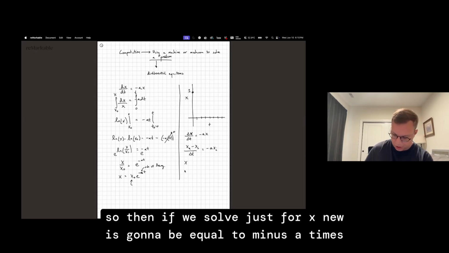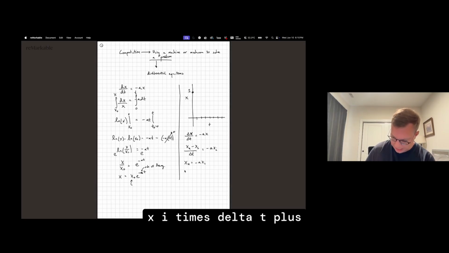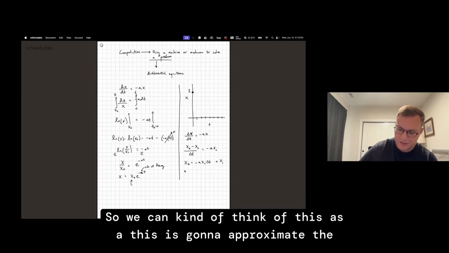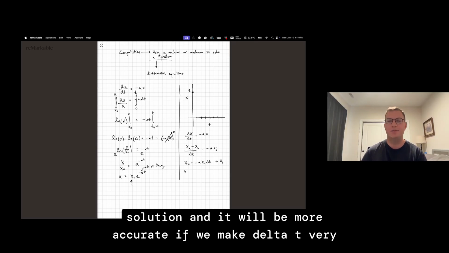So if we solve just for x new, it's going to be equal to minus a times x i times delta t plus whatever initial x it is. We can think of this as approximating the solution, and it will be more accurate if we make delta t very small.